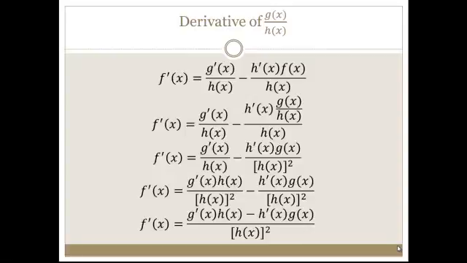This is our final form of the derivative of g of x over h of x. While it's the messiest of all of our derivative formulas, it's actually the easiest to use because it's so easy to tell what our functions g of x and h of x are when we have a fraction.